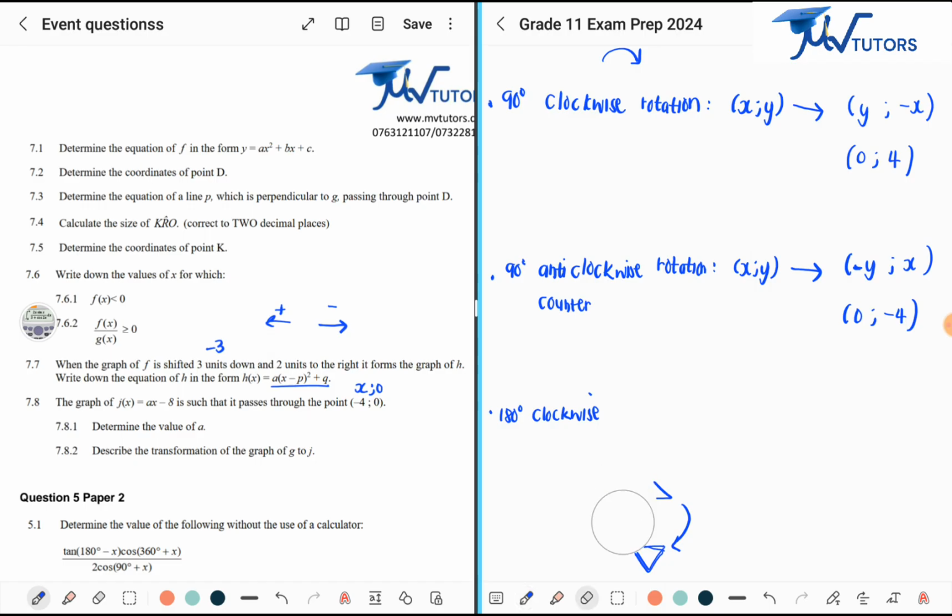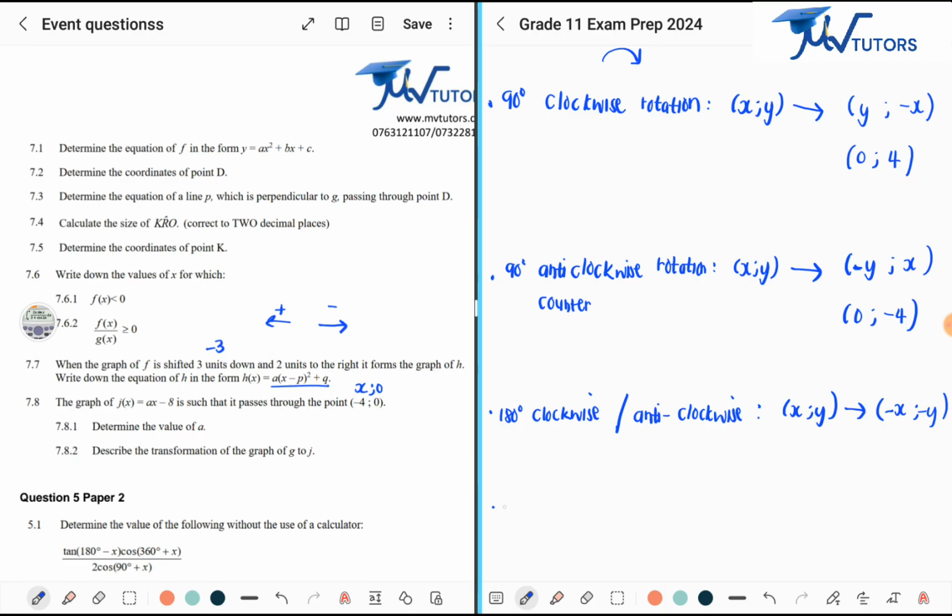So what I'm trying to say is that a clockwise rotation as well as a counterclockwise or anti-clockwise rotation will have the same answer, since it's 180 degrees. So what's the rule there? If you have your (x, y) coordinate, you leave the x and the y as they are. You don't swap them around, but both the x and the y get a negative.